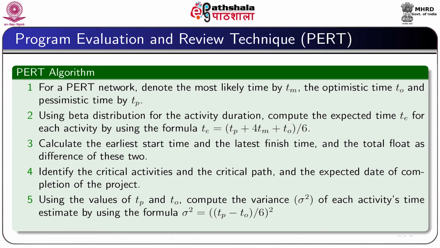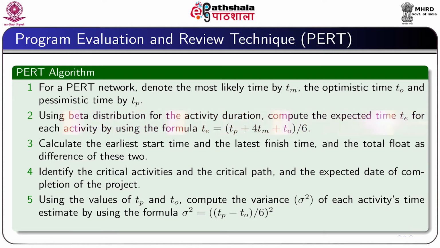Let us now discuss what are the steps we have to follow to find the solution of a network problem by using PERT. In the first step, we denote the most likely time by Tm, the optimistic time by To, and the pessimistic time by Tp.